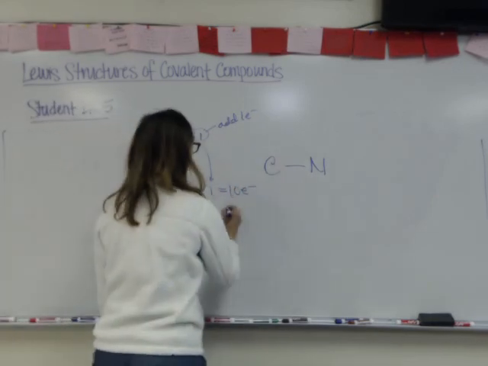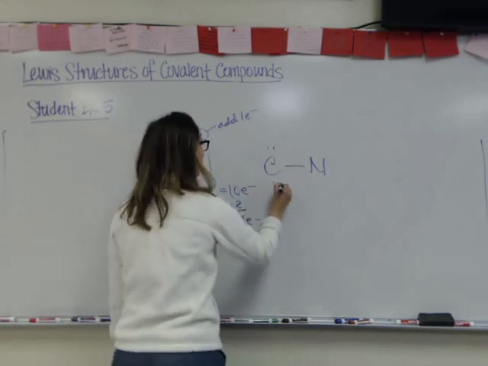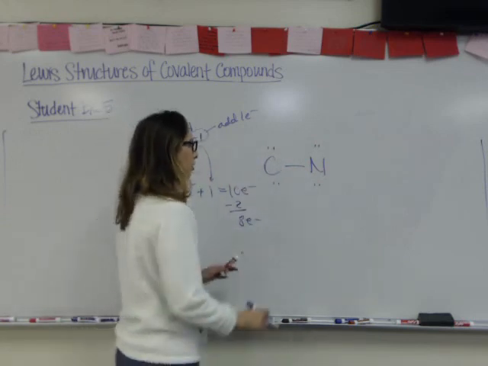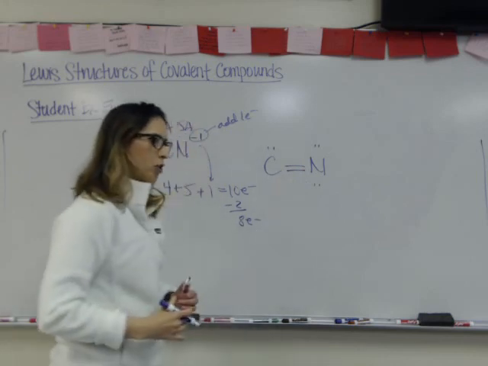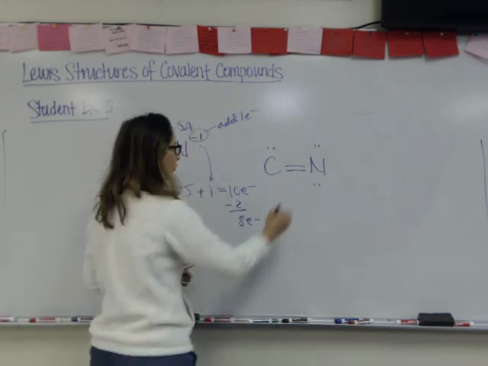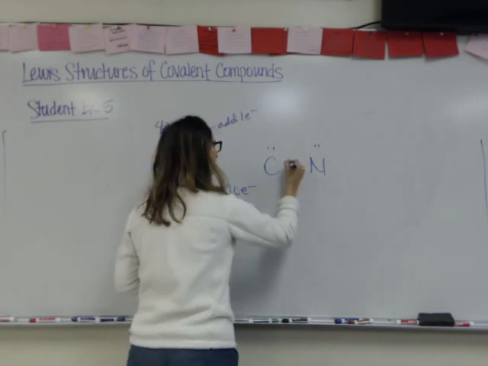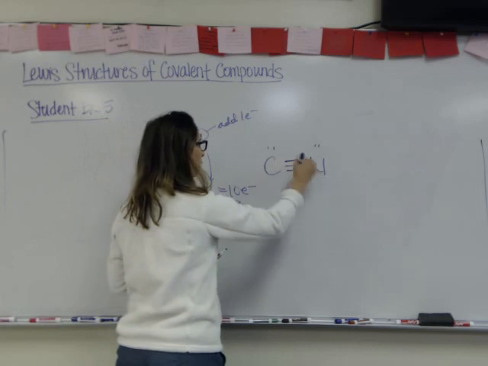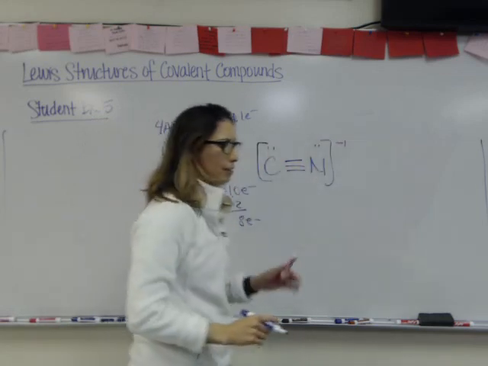I drew in 2. I have 8 electrons left. 2, 4, 6, 8. I have to share a pair here because I ran out of electrons to put 8 on everything. This nitrogen is surrounded by 8, carbon is not. Take another pair off, put it here, make a triple bond. That's the proper structure. Now each one is surrounded by 8. Put it in a bracket with the -1 outside because it's an ion.